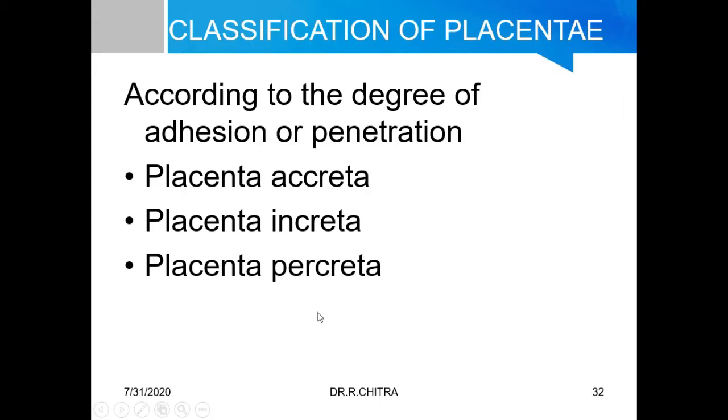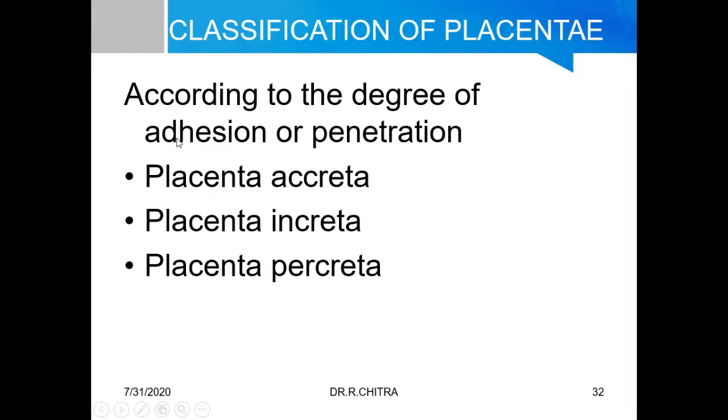So when it is adhered pathologically to the decidua basalis, then it is called accreta. So it is limited to only endometrium, then that is accreta. Increta is when the placenta penetrates the myometrium, then that is called increta. Percreta is when it is penetrating the entire uterine wall, then it is called percreta.